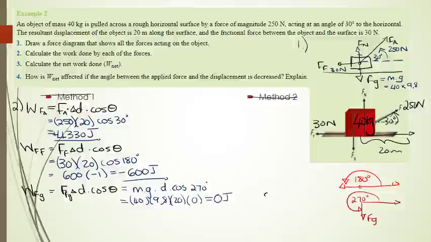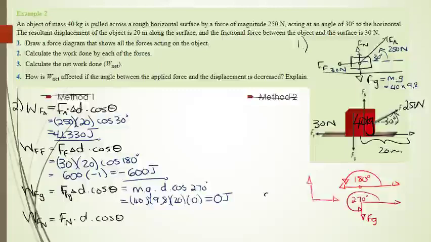And the same thing applies to the work that is being done by the normal force. We've got our normal force, we're timesing it by the distance, timesing it by cos theta. Let's see. Our normal moves up that way.